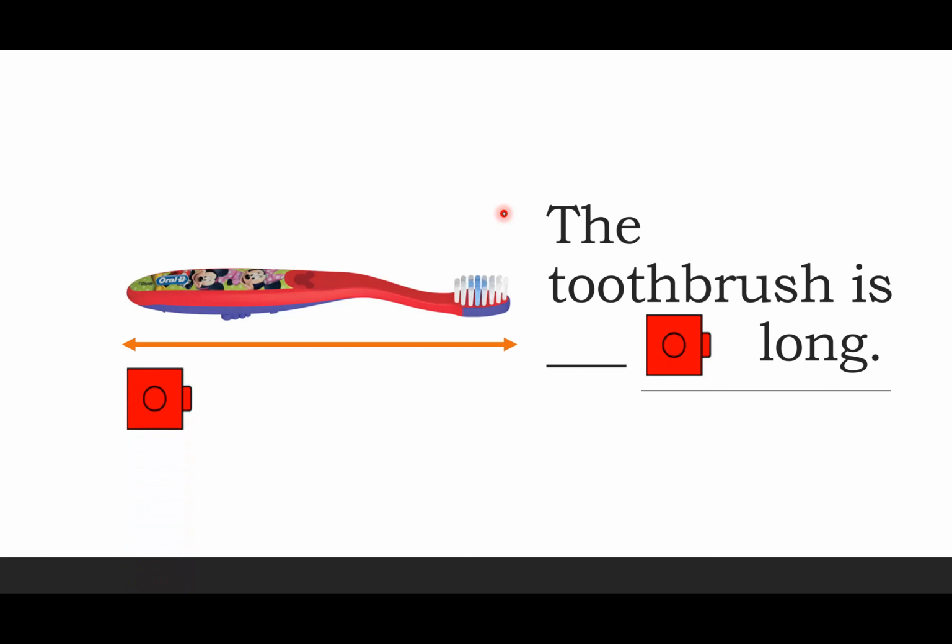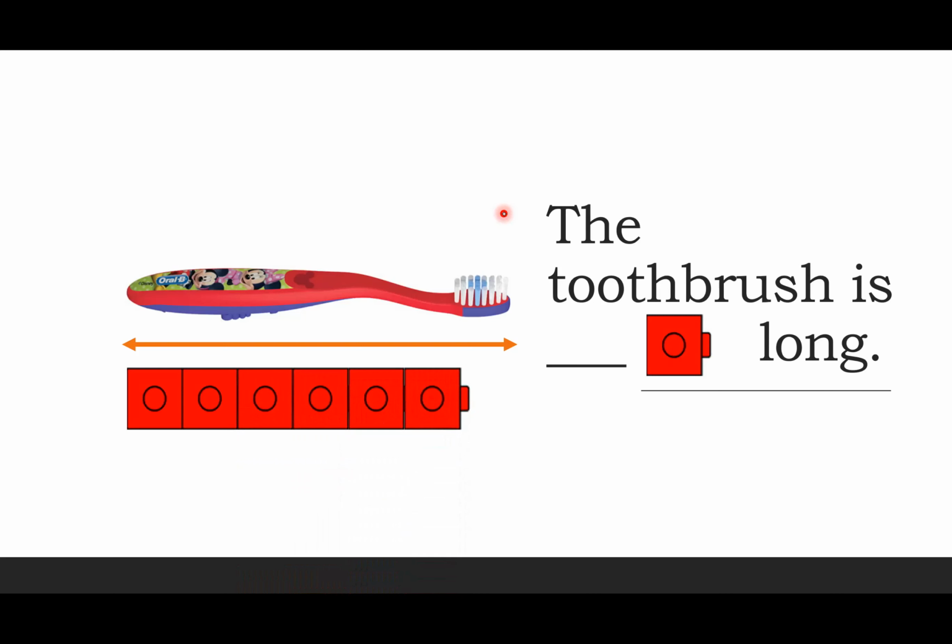Count with me, all of you. 1, 2, 3, 4, 5, 6, 7. So how long is my toothbrush over here? It is about 7 cubes long. Okay? This is what we learned yesterday.